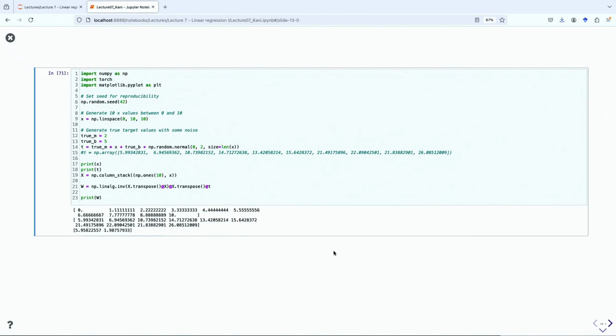If we test it out, we literally have X, which is all the 10 points, and we have the targets, generated using the same seed as before. This is a vector, this is a vector.